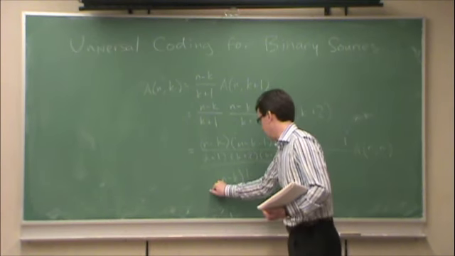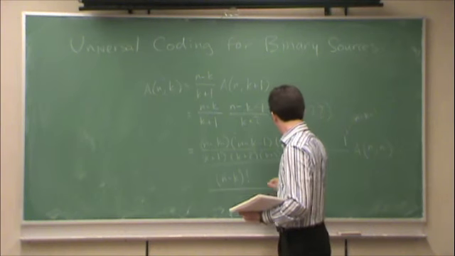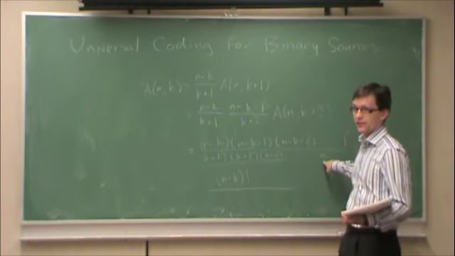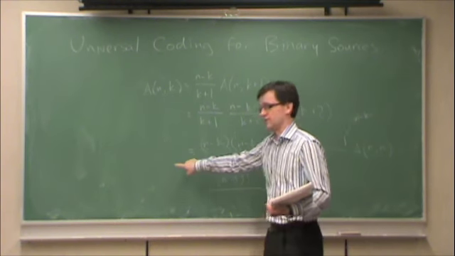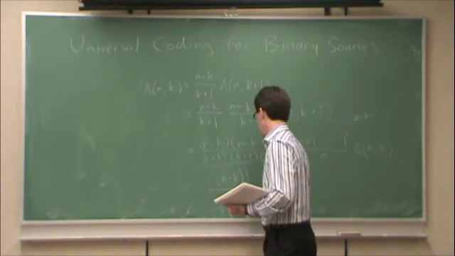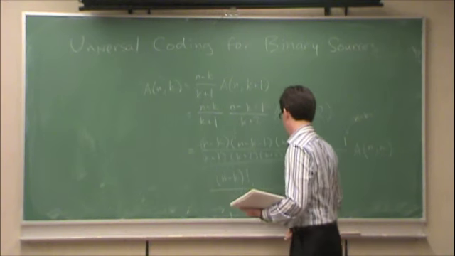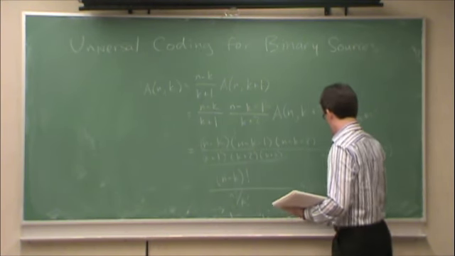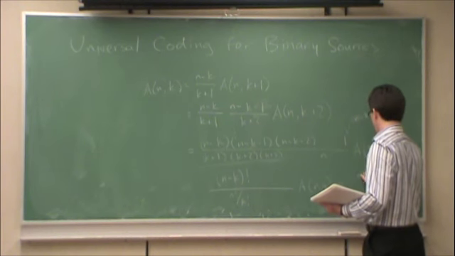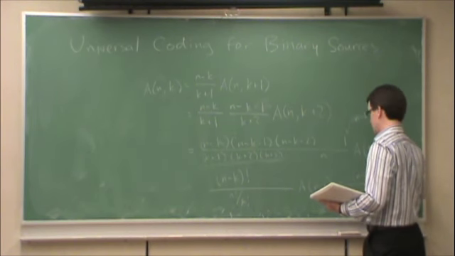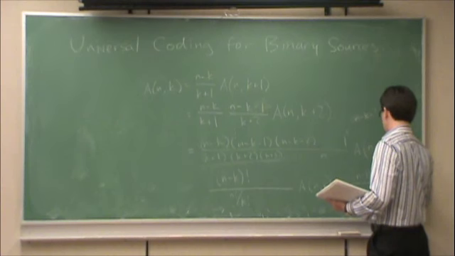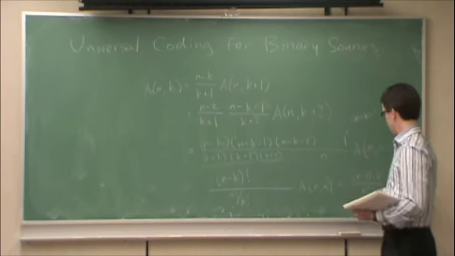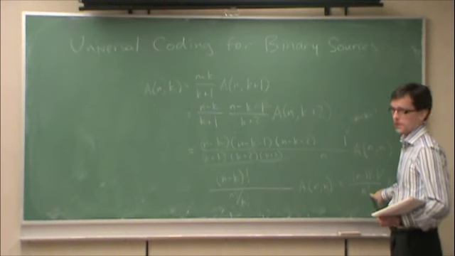In the denominator, if I had 1 up to n, it would be n factorial, but I'm missing the first k term. So this is n factorial divided by k factorial. So that is equal to n minus k factorial divided by n factorial. What is this? 1 over n choose k. 1 over n choose k, exactly.